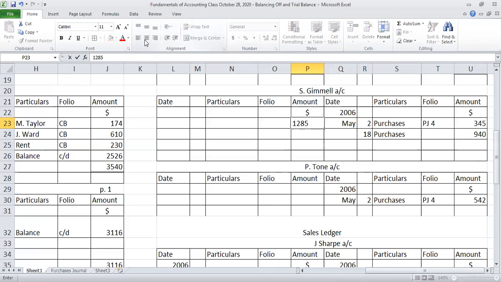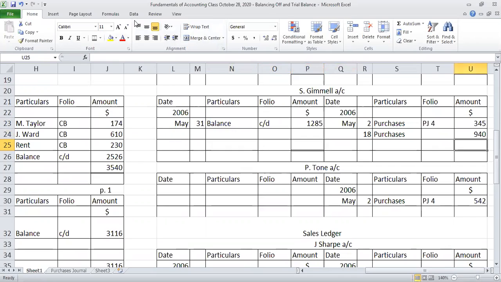And you call it balance, last of the month, May 31st, 2006, balance CD. And you're going to add up everything now.